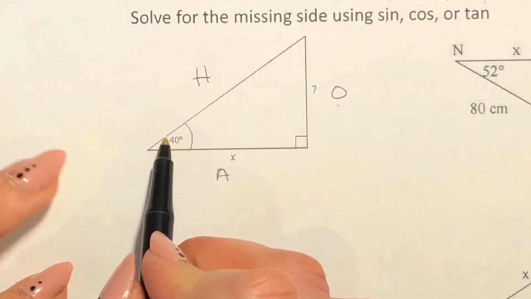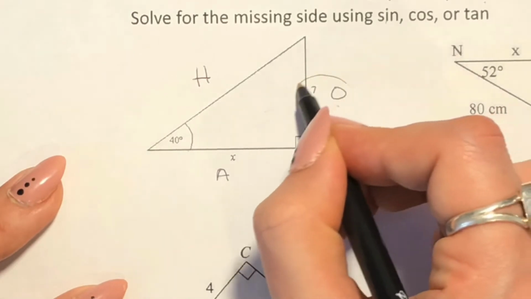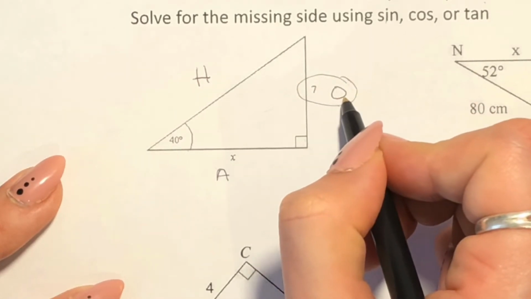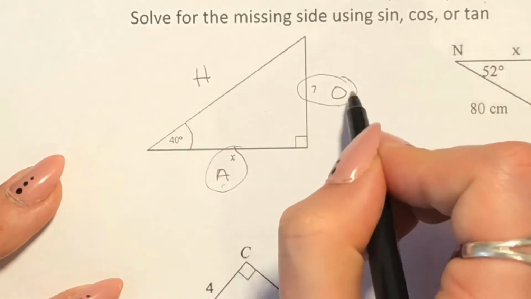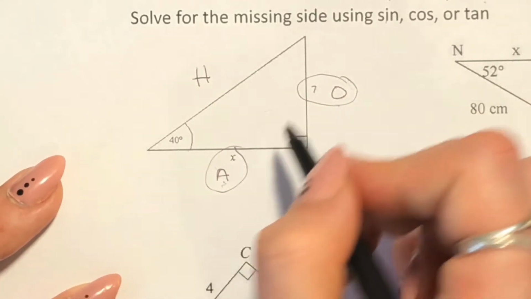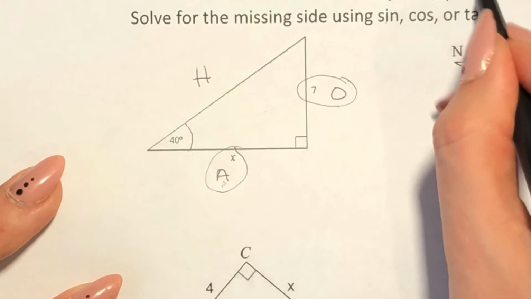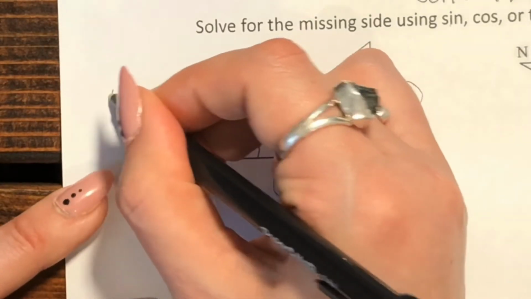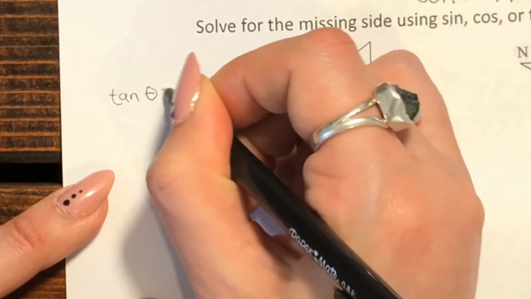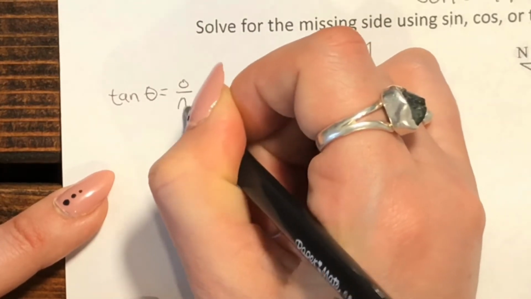So from this angle, they gave us the side 7, which is our opposite side. They want us to find side x, which is our adjacent side. So I have O and A. So from our three things, tangent uses O and A. So I'm going to be doing tangent of the angle equals opposite over adjacent.